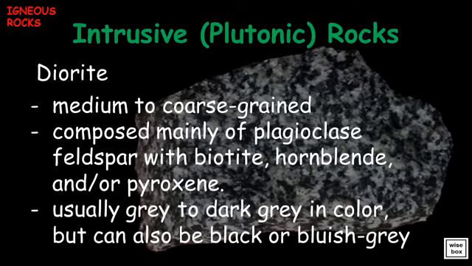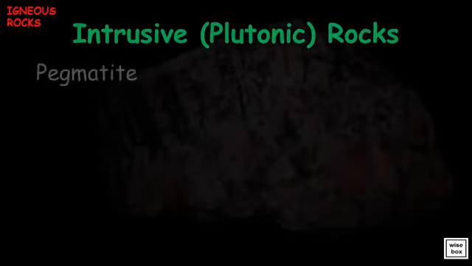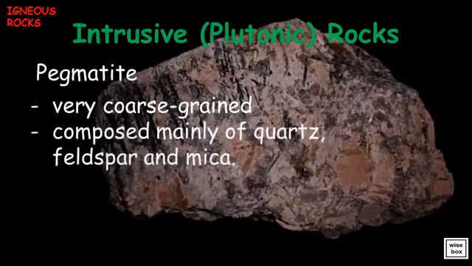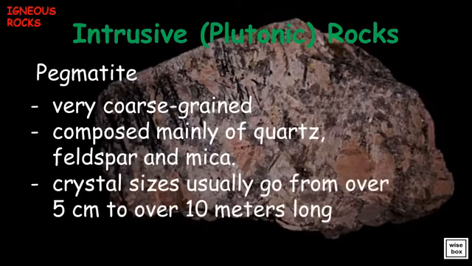It is usually gray to dark gray in color, but can also be black or bluish-gray. Pegmatite. It is very coarse-grained, composed mainly of quartz, feldspar, and mica. Its crystal sizes usually go from over 5 cm to over 10 meters long.